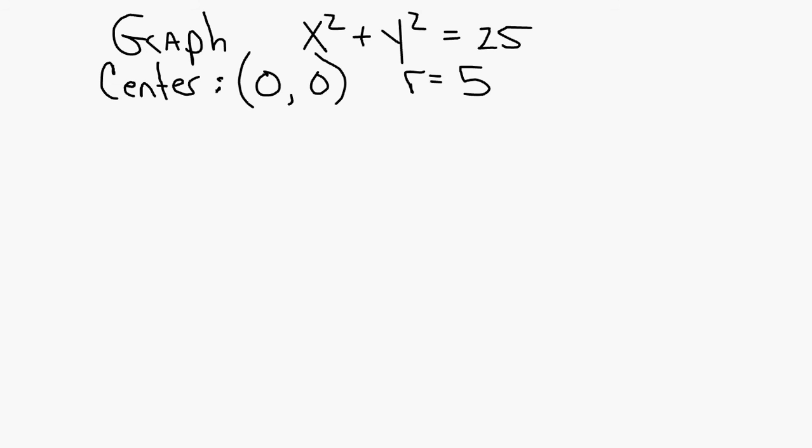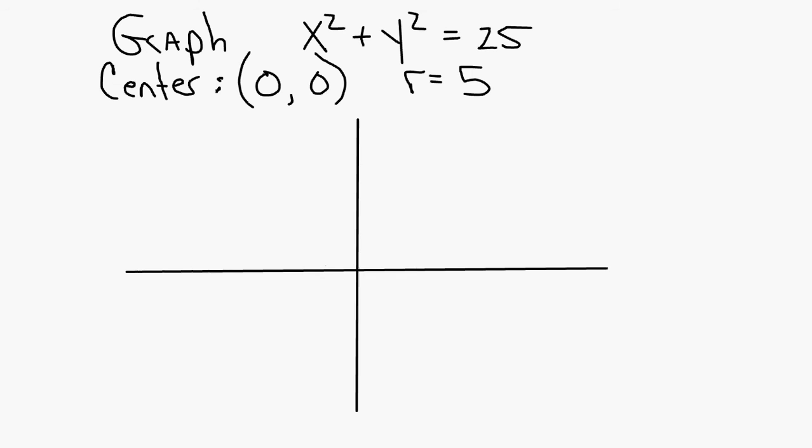So could you start to graph that? Could you put it on the coordinate plane? Yes, sir. So let's put it on the coordinate plane. The center's at 0, 0. There's your center. Where's it going to hit the y-axis up top here?